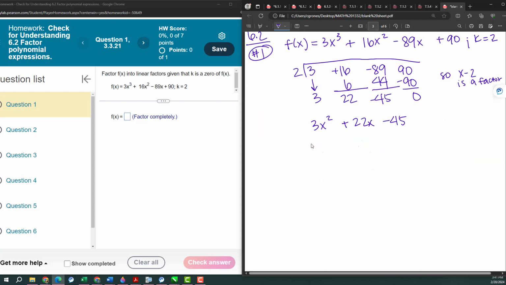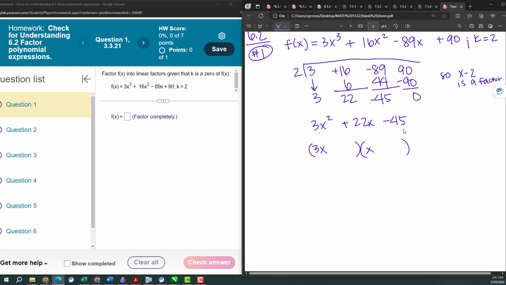Okay, in order to factor, we are basically doing FOIL backwards. So I need to figure out what all of these pieces are inside of our parentheses. Starting with the x squared, we know that we're going to have 3x and x, because x times x gives us x squared, and then 3 is only going to go in one of these.